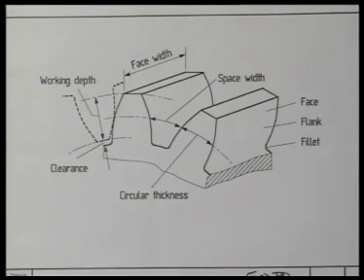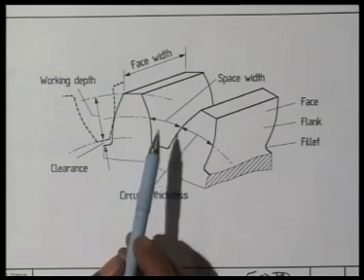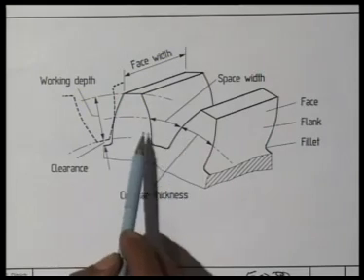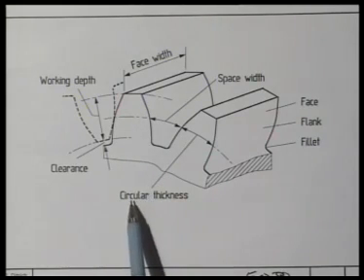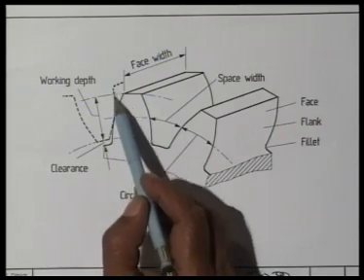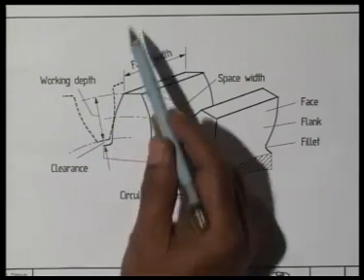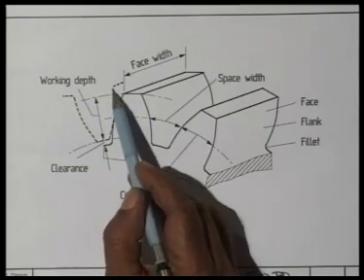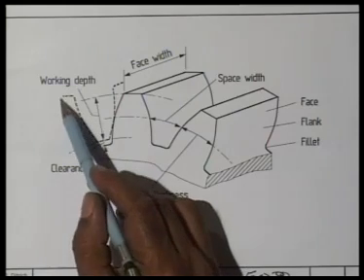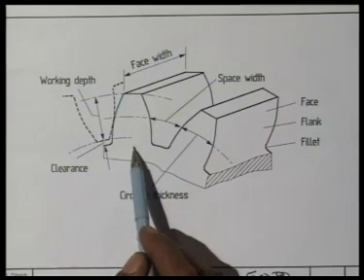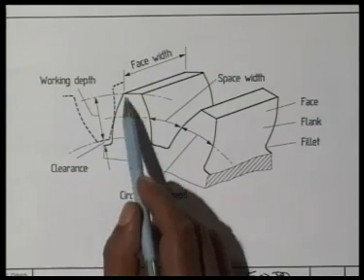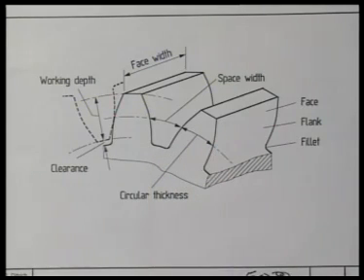Let me now define different terms of gear tooth geometry with reference to this figure. We have shown two adjacent teeth of a gear and one tooth of the mating gear. This dotted line shows the tooth of the mating gear which is in contact with this gear, of which we have shown two consecutive teeth.